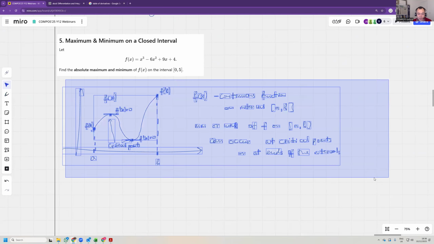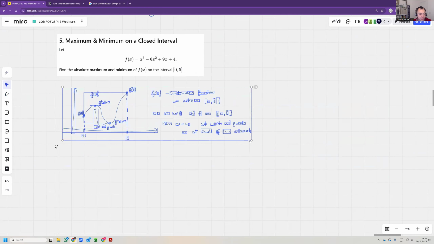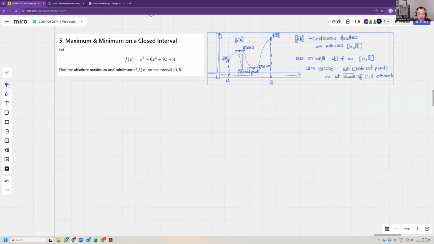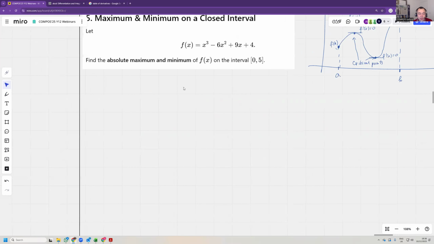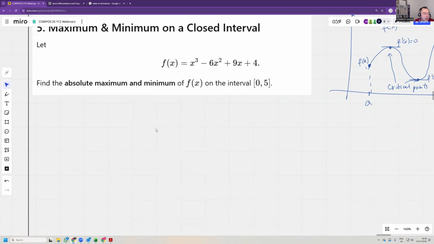So we find the value of the function on the ends of the interval, and we find the value of the function at the critical points. So step 1, find critical points.